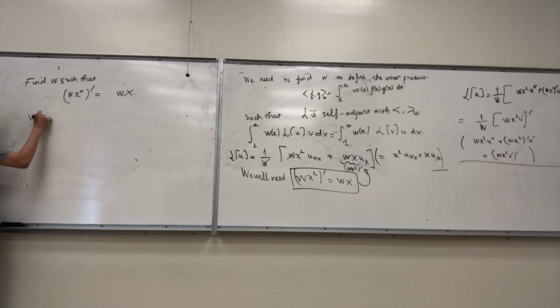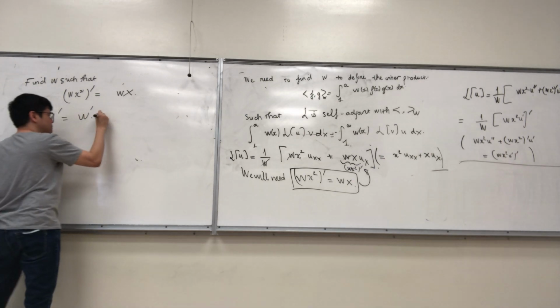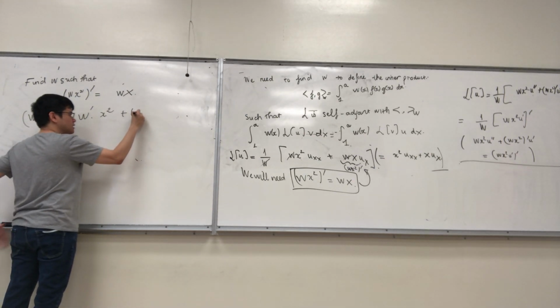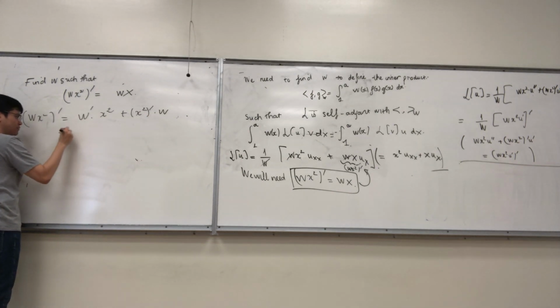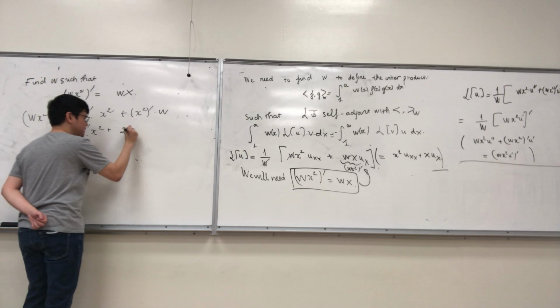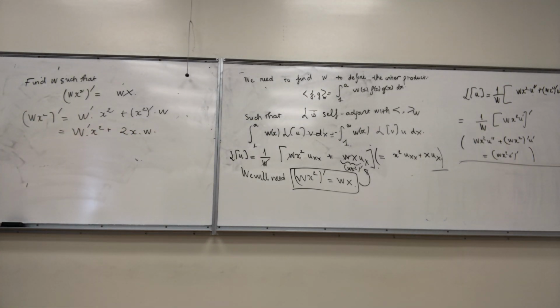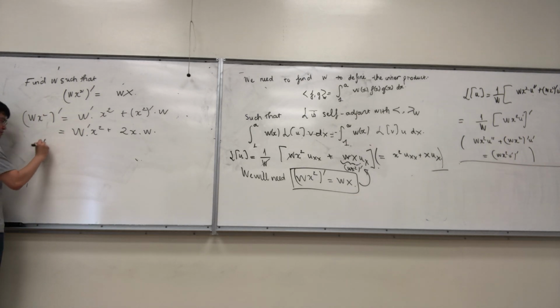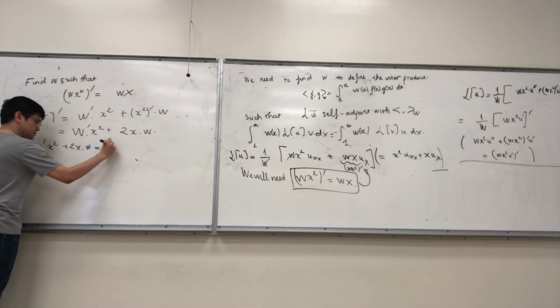You have Wx squared prime will be W prime times x squared plus x squared prime times W. Now this gives me W prime x squared plus 2xW. So now you're going to have W prime x squared plus 2xW is Wx.